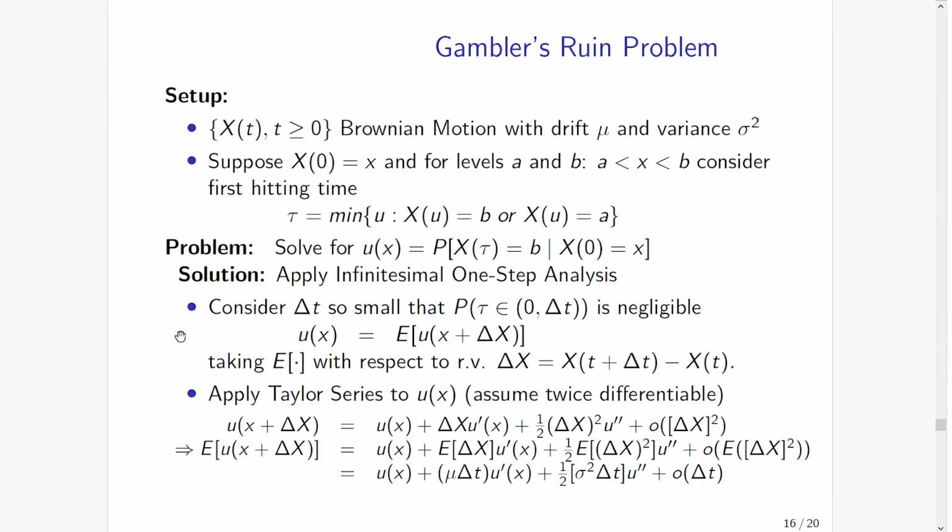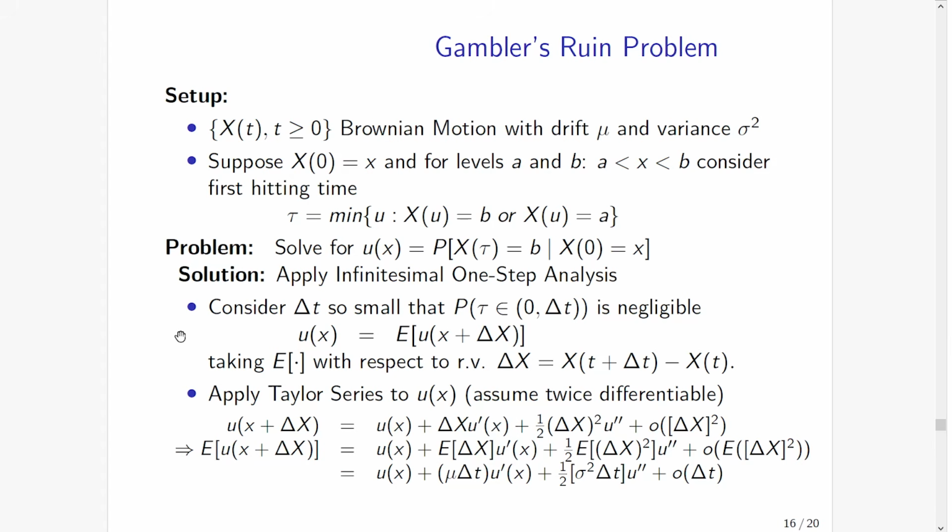And this solution approach is illustrative of how many problems are solved with stochastic processes. We can define u of x to be the probability function, which is the probability that the stopped process equals b, given that it starts at x.